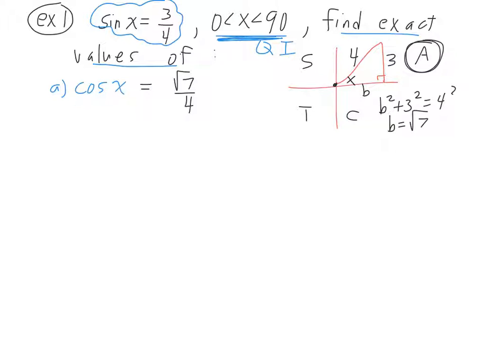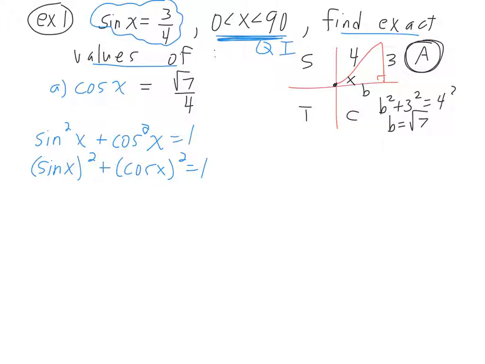Another way is to use the identity, and we saw a similar example to this earlier in a video, but the sine squared of x plus cosine squared of x is equal to 1. We could use this identity, so we know that if we were to rewrite this, it's really going to look like this. Okay, that's what it means if it's squared. So we know that the sine of x is 3/4.